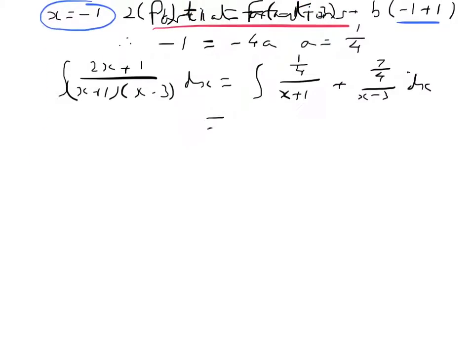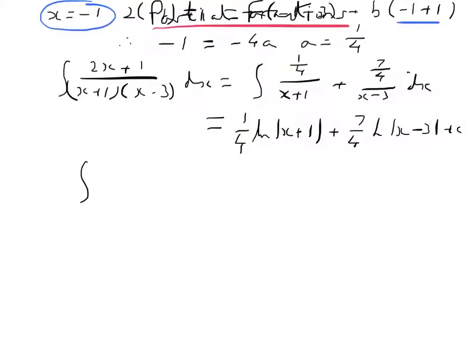What that allows me to do now is anti-differentiate. Right? So a quarter over x plus 1, quarter's a constant, and you're left with log x plus 1. And 7 on 4 is a constant, and log x minus 3.